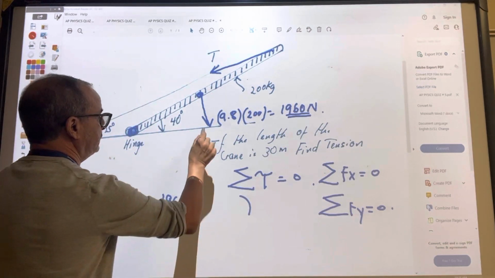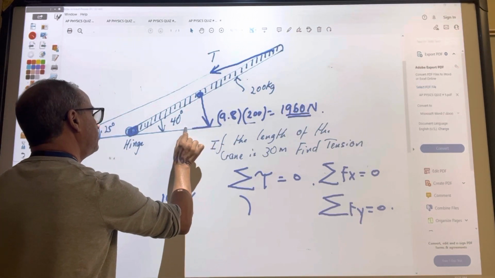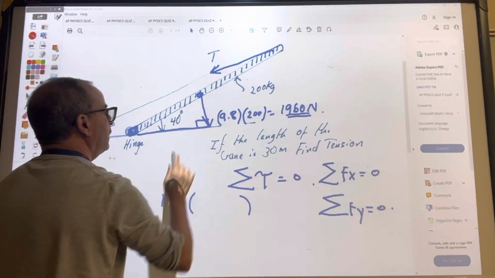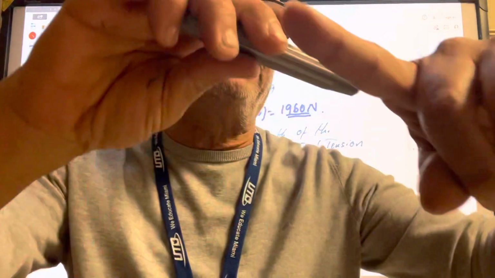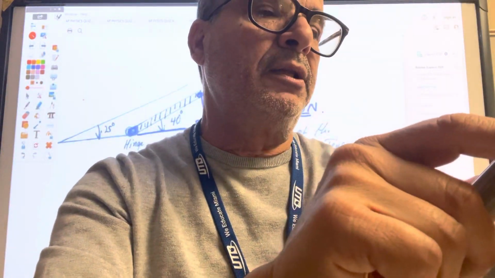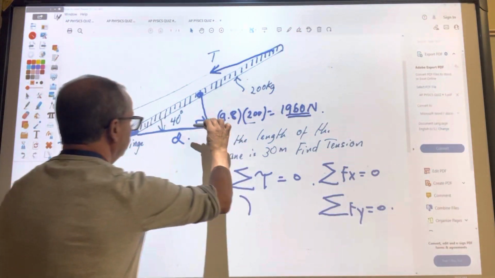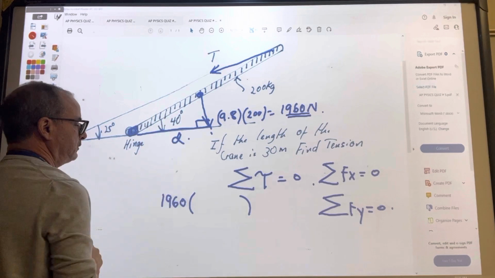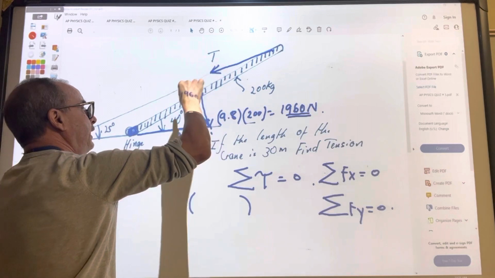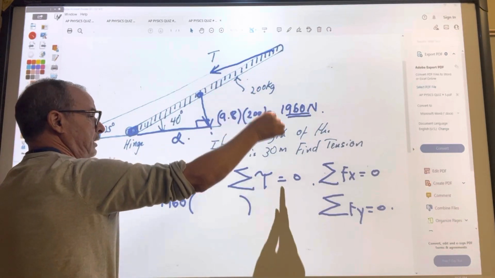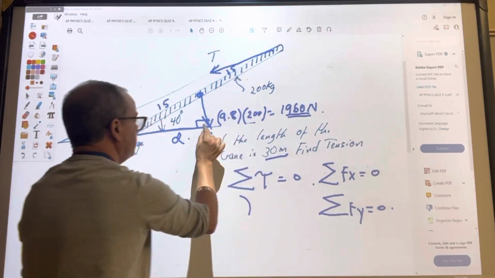What is the perpendicular distance? If you go down this way, that is the perpendicular distance, right? And what is this distance here? That is the tricky point: to find the distance that is perpendicular to the line of action of the force. 15 cosine of 40. 15, you're right, because the whole crane is 30 meters, which means we have 15 here, 15 here, and this is adjacent.